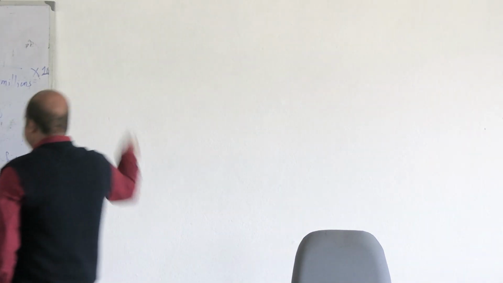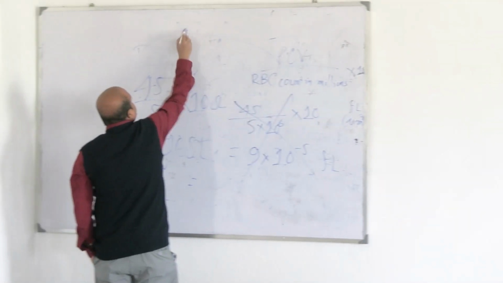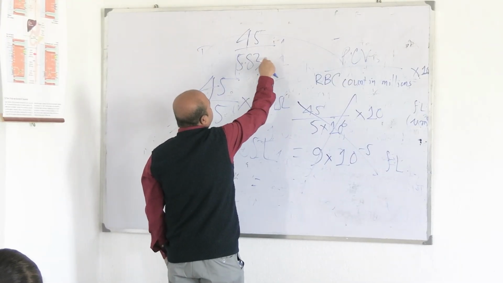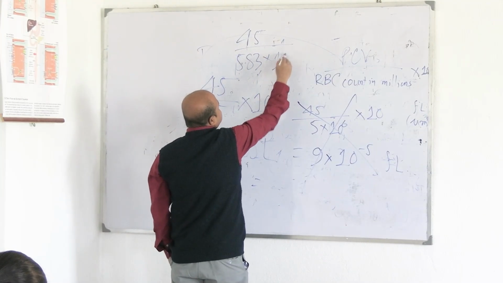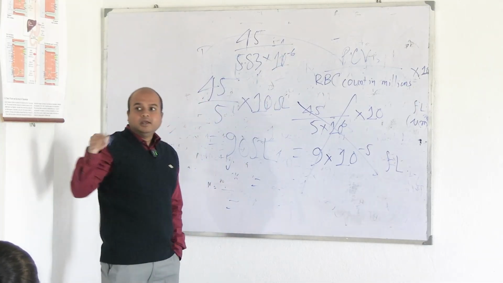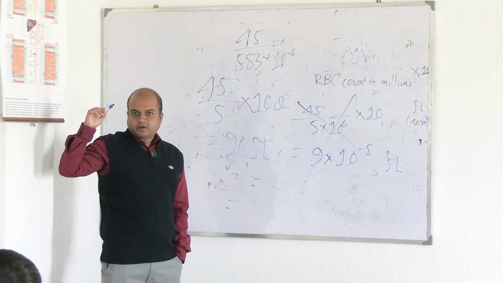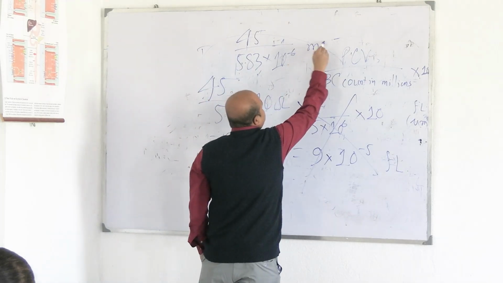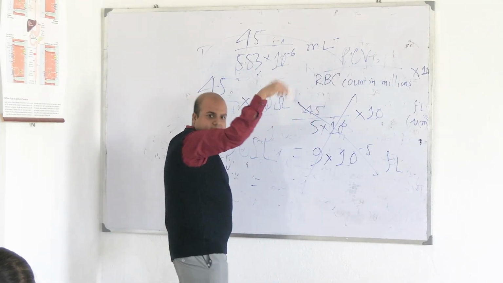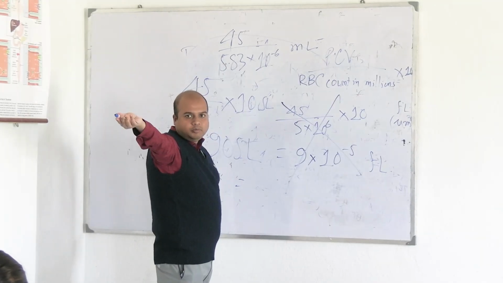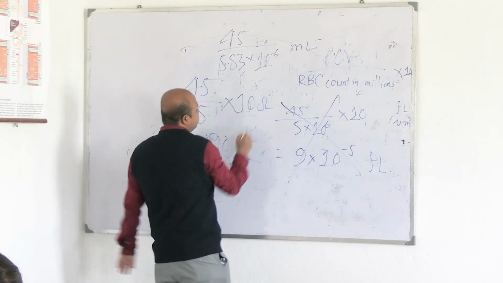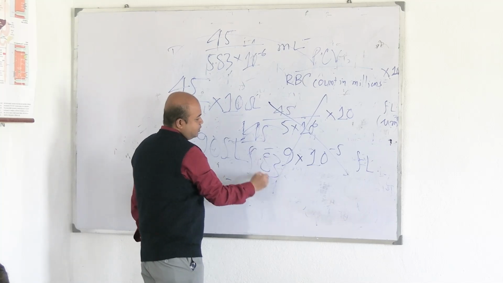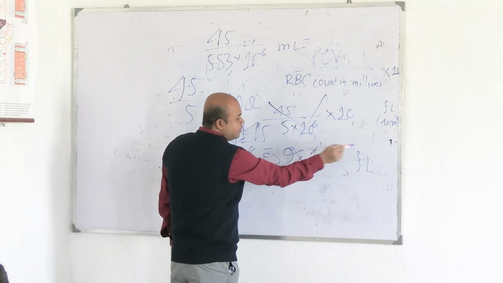In that calculation it will be 5.83 into 10 to the power minus 6 for the, in milliliter, taking 100 milliliter of blood, just convert milliliter to femtoliter, into 10 to the power minus 3 liters into 10 to the power 15, like that. Just convert and leave it at 45 by 5.83 into 10 femtoliter.